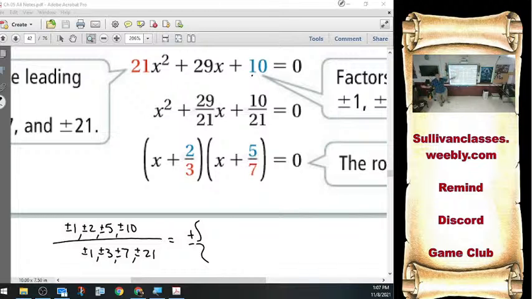I have already eliminated a bunch of writing. Now I've got all this stuff over 1. Y'all cool with whether it's a positive over a positive, or a negative over a positive, or a negative over a negative? It's all going to be plus or minus. So, all this over 1: 1, 2, 5, and 10. But then, all this over 3.